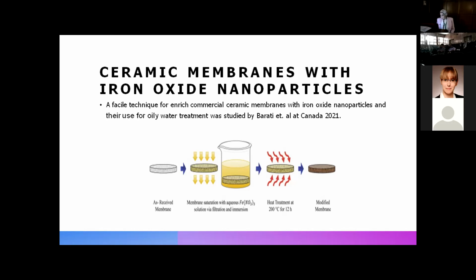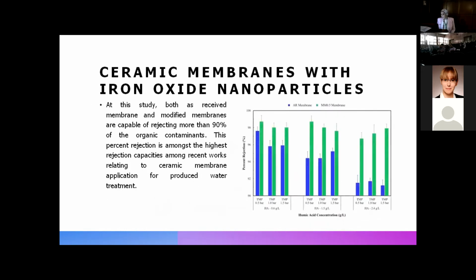They used a ferric nitrate solution to modify the membrane. The modified membrane was used to remove humic acid from wastewater, and the removal efficiency was also above 90%, which is also considered a high percent of removal.